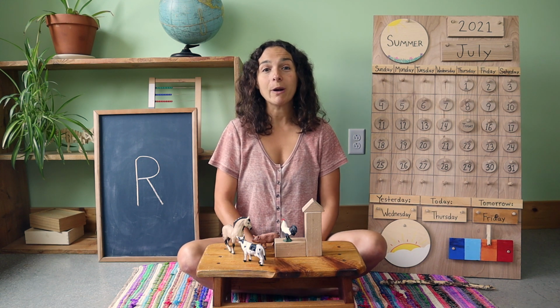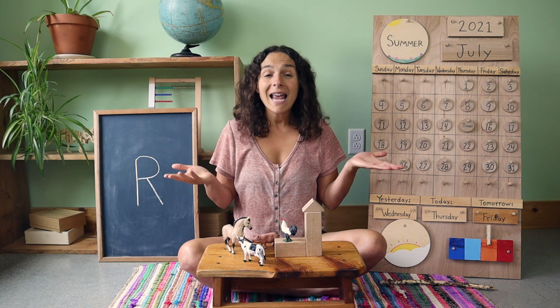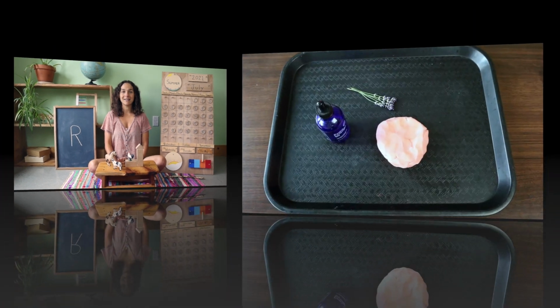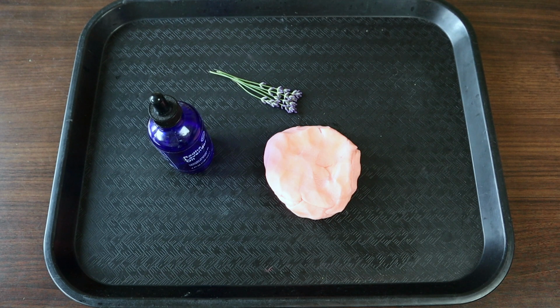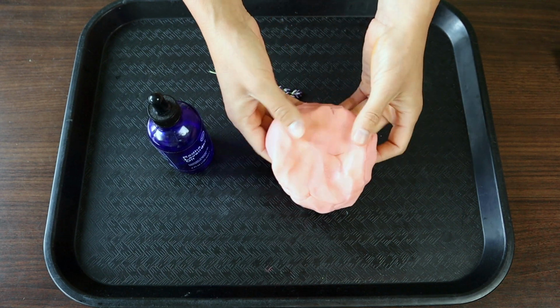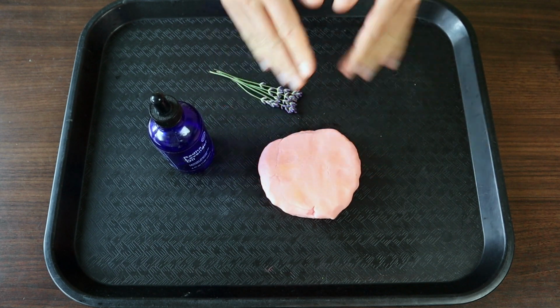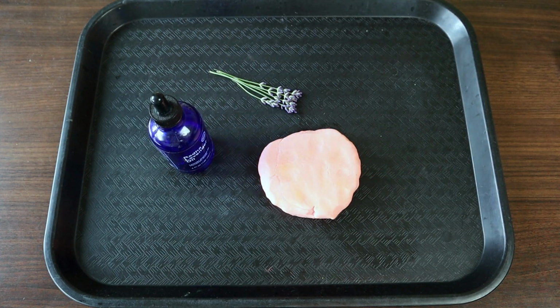For today's work, we are going to make a special kind of Play-Doh that smells good and helps us relax our bodies. For today's work, we are going to be making a wonderful lavender scented Play-Doh. So this Play-Doh recipe is very simple to make, and it's one of my favorite recipes.